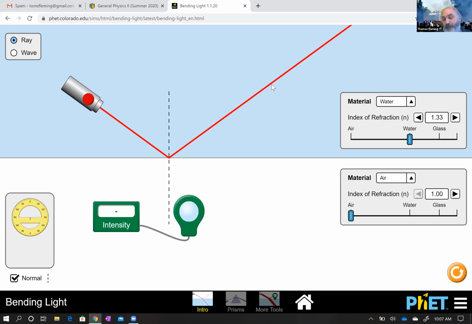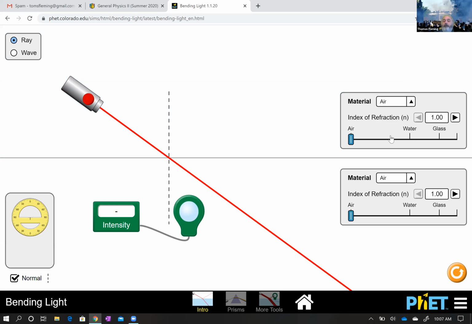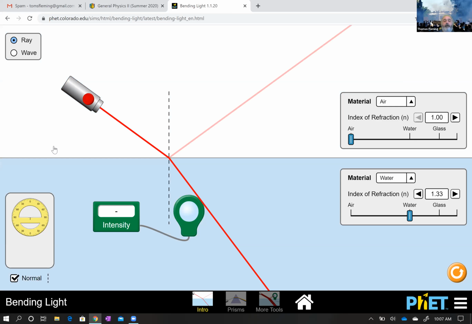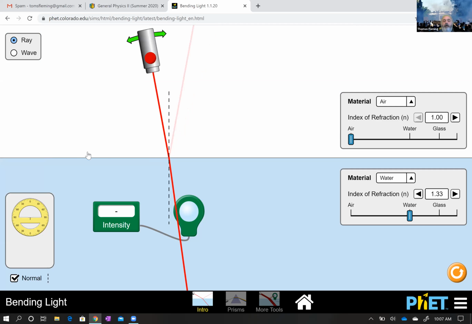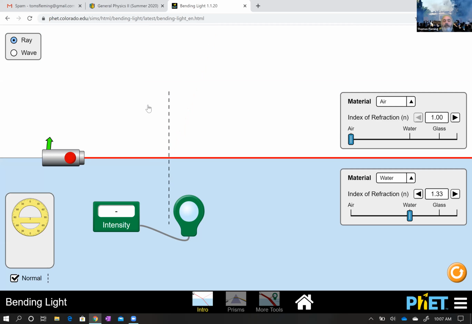And it occurs in situations where I'm going from a large index of refraction into a material with a lower index of refraction. We notice we didn't get that at any point going from air to water; no matter what I do, I'm always getting a reflected and a refracted beam.